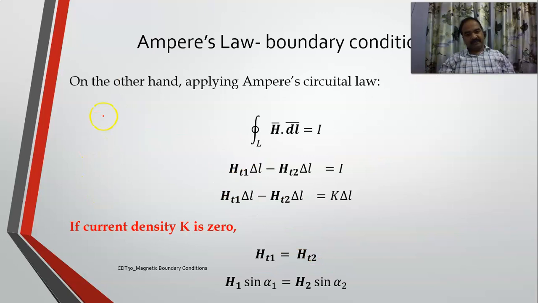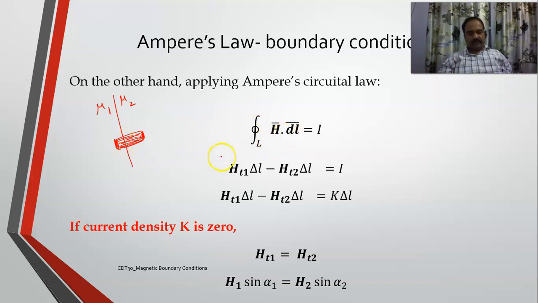Similarly, I can take the same medium. Now I'll take a region like this. Instead of a pillbox, I'll take a region like this. Okay. Now, if I apply Ampere's law for this region, you know that line integral of H dot dl is equal to I, isn't it?